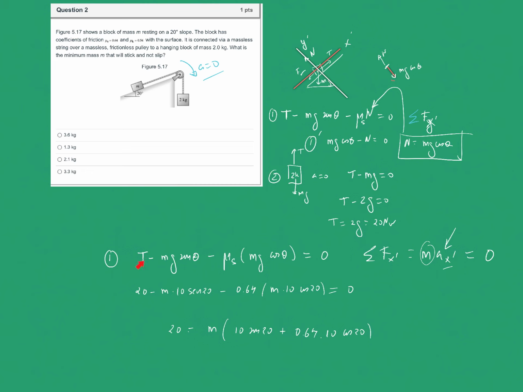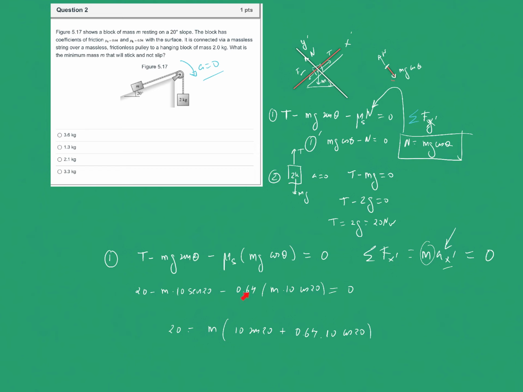So the tension T, minus mg sine of theta, minus mu sub s times the normal, which is mg cosine of theta, is equal to 0. The tension is 20. The mass is unknown. The g is 10. Sine of 20.